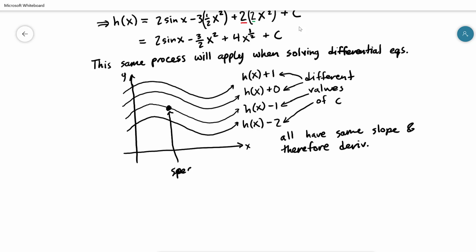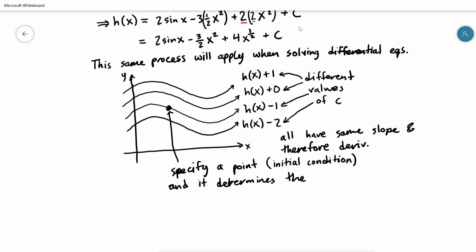Oftentimes this will be given as something called an initial condition, in the context of a differential equation. But you specify a point and it determines the value of c that we should use.